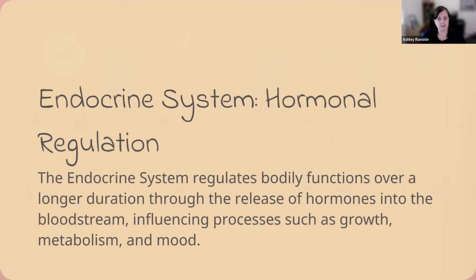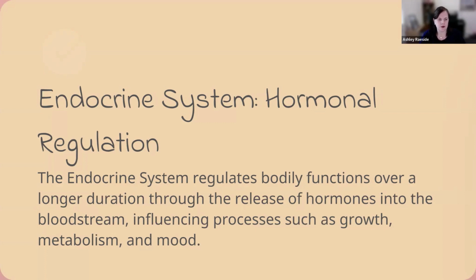Our endocrine system is a little bit longer acting, and it takes a little bit longer than the nervous system to kick in, and that's because our hormones are in our bloodstream and they travel around to the different parts of the body, and it relies on the speed of the blood to get it around to the target cells.